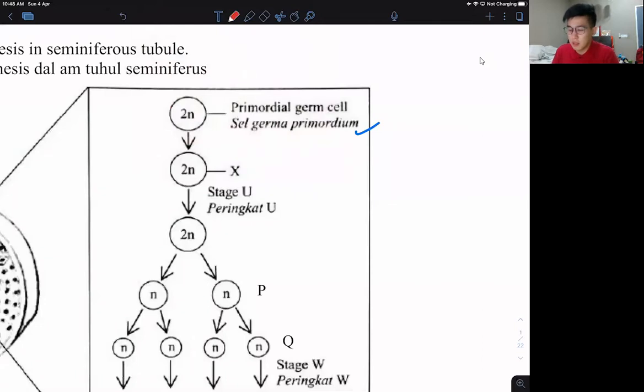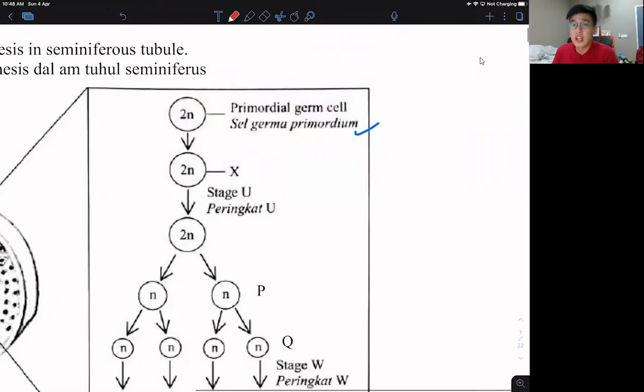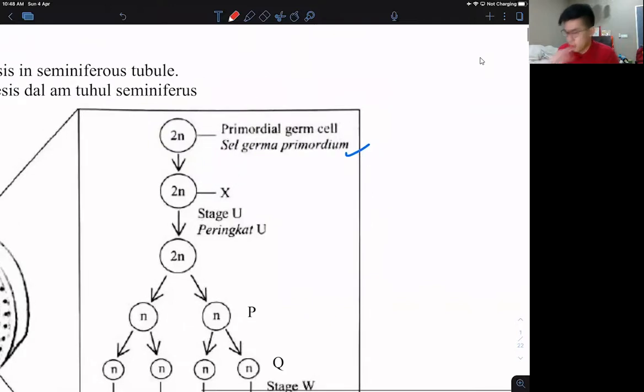See properly, not mitosis. It's actually growth. Some of you already mentioned it's growth, correct? So X, PS, the primordial germ cell will become spermatogonium. So X is actually spermatogonium.